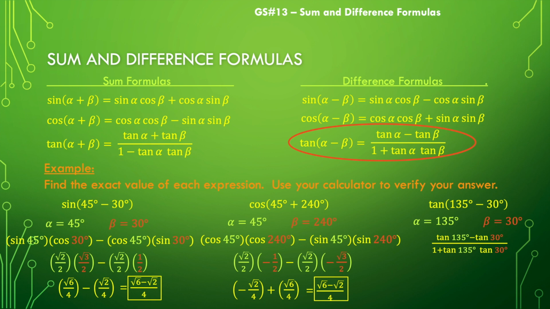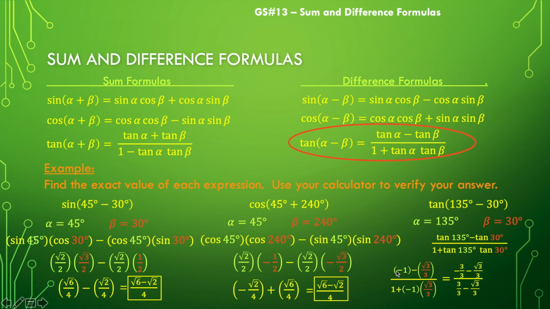Hopefully you know that the tangent of 135 degrees is going to be -1. So I will go ahead and replace both of these expressions with -1. And the tangent of 30 degrees is going to be square root of 3 over 3. So let's go ahead and replace all of those. All right, and now let's go ahead and clean this up a little bit.